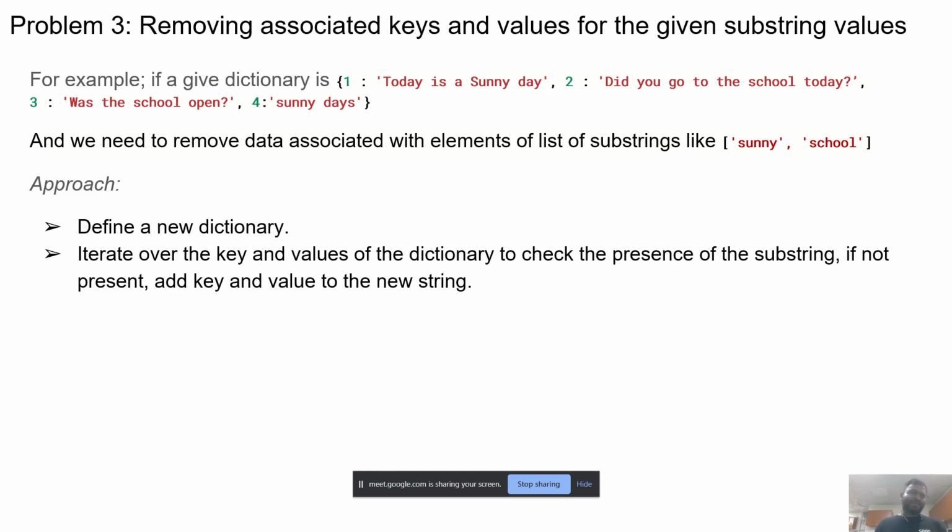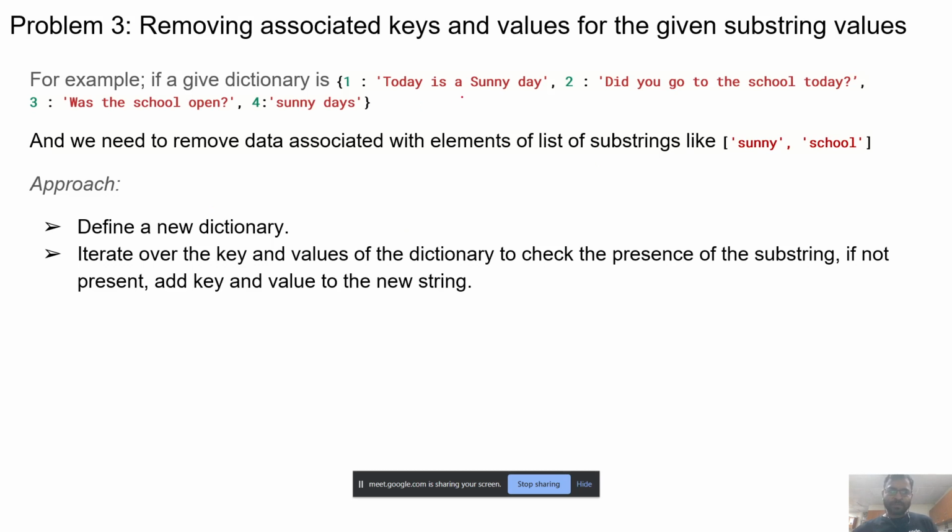So let's say you are a data company, and some data are either fake data or overlap data. Then you want to remove that data with respect to a given keyword.